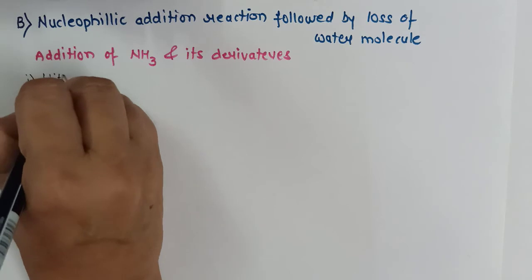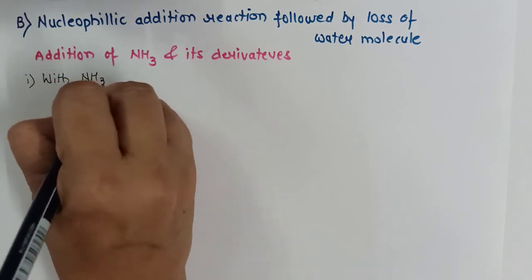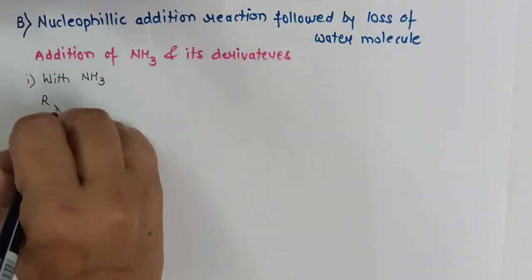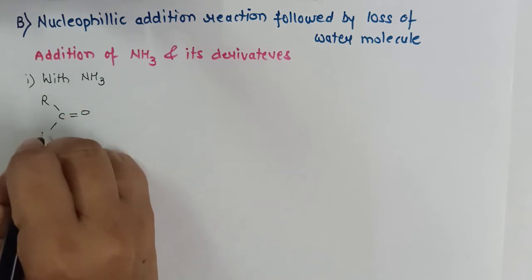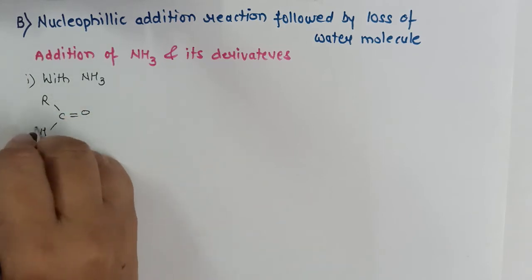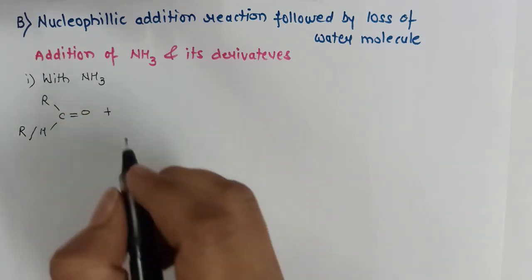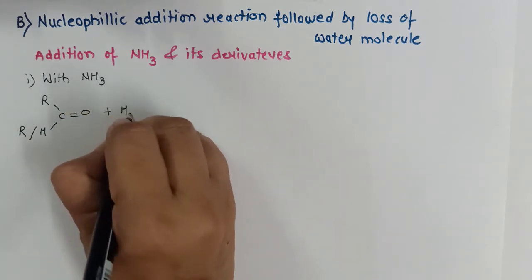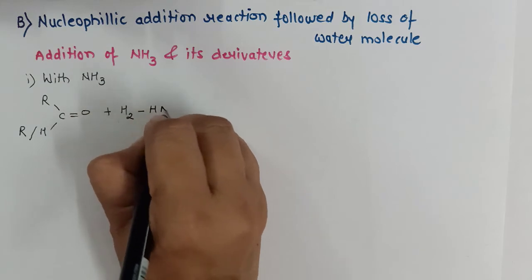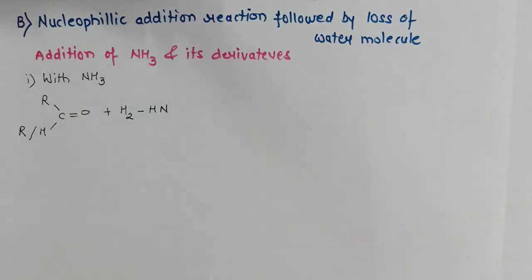How does a carbonyl compound react with ammonia? Any carbonyl compound, whether I take an aldehyde or a ketone, when it reacts with ammonia, I will write it like this. And what is our heading? It is by loss of water molecule.